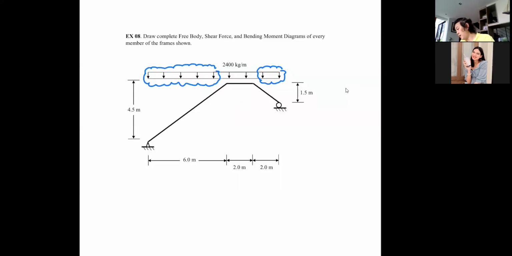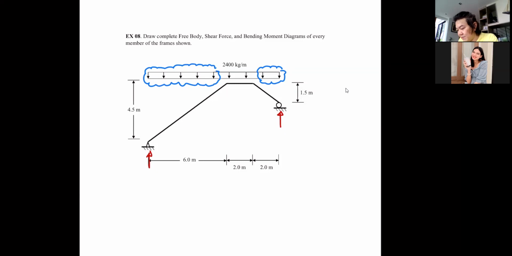Okay, so here, if you're going to do proper calculation, you should always begin with the calculation of your reaction, right? Right here, you know that you're going to have this and you are going to have that. Even though the frame might look a little bit crazy, if you look at the whole picture, you see that there is no force in the horizontal direction.